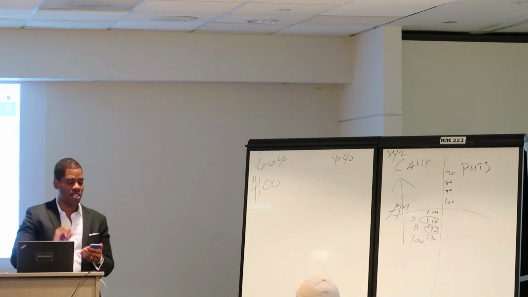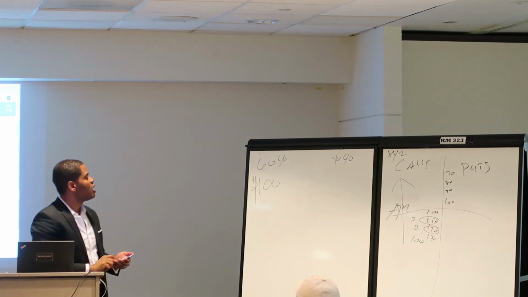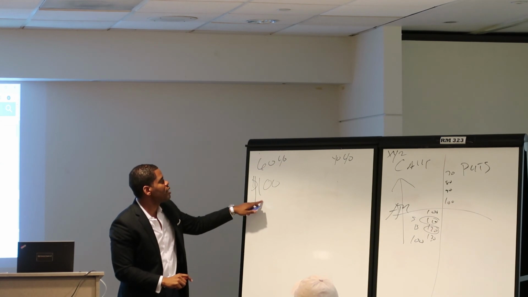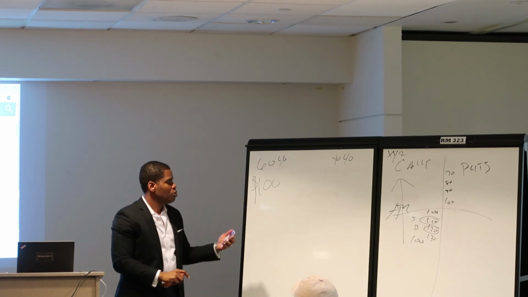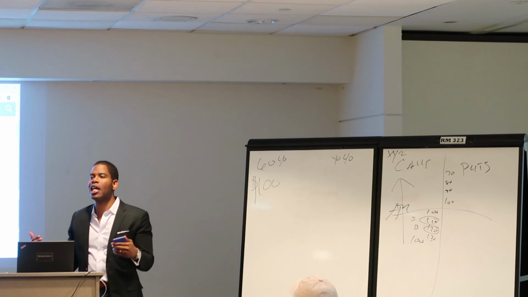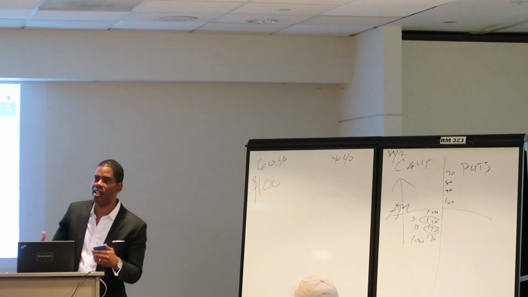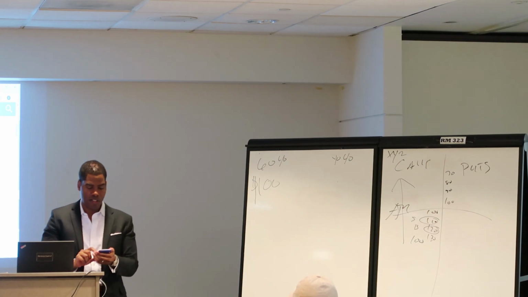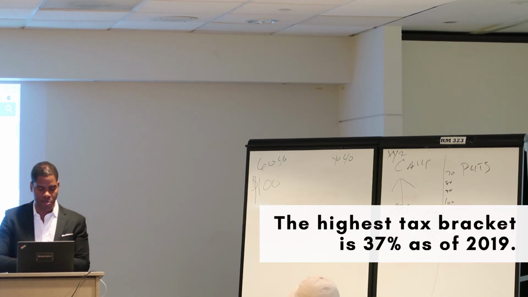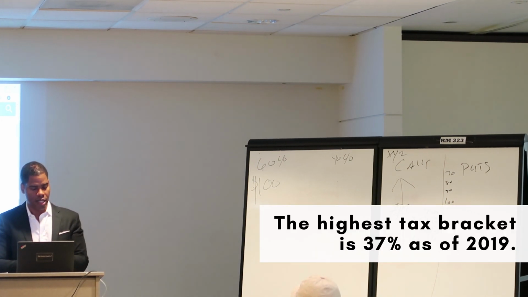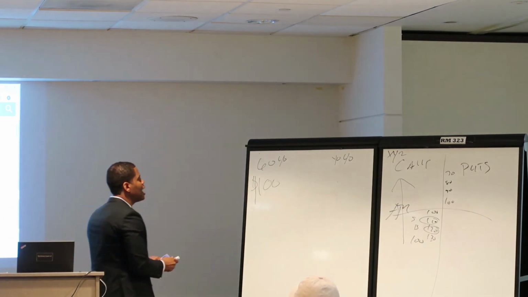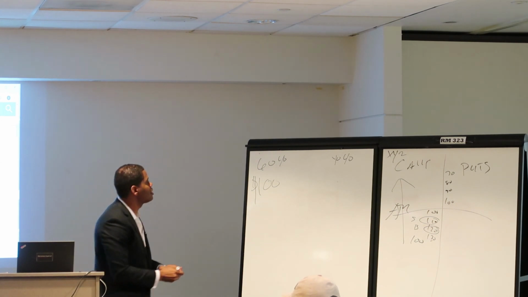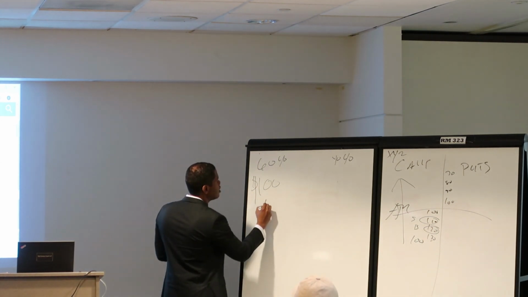So 60% of this $100 you made is going to be at long-term capital gains rates, which for this person, because they're in the highest tax bracket, they're making a lot of money, 30%, 37%, it's going to be 20%. So $60 is going to be taxed at 20%. So times 20%, all right, so that's $12.